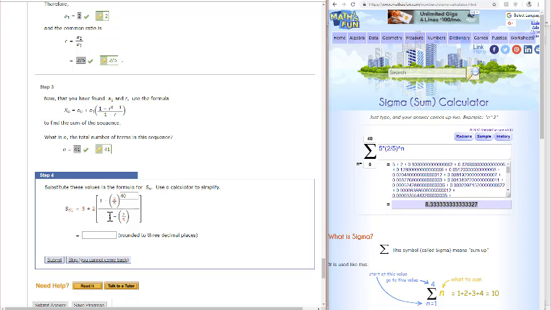And then divided by 1 minus 2/5, 1 minus r. Okay, so we can work this out and simplify it.